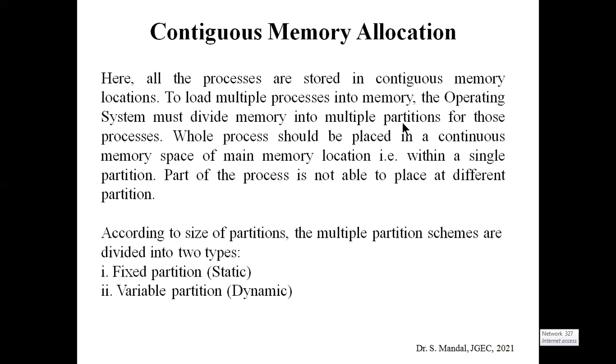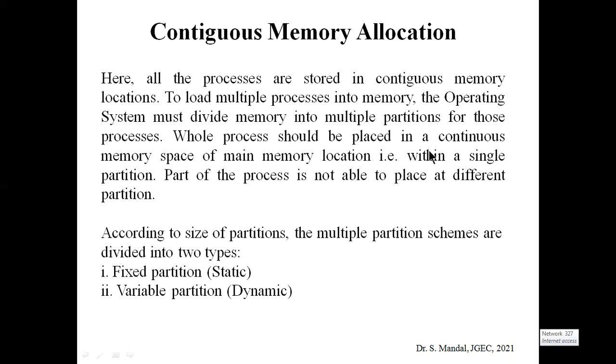But in case of contiguous memory allocation, we divide the high memory portion into a different number of partitions. The size is fixed, the number is fixed. And why do we call it contiguous? The whole process should be placed in a contiguous memory space of the main memory.